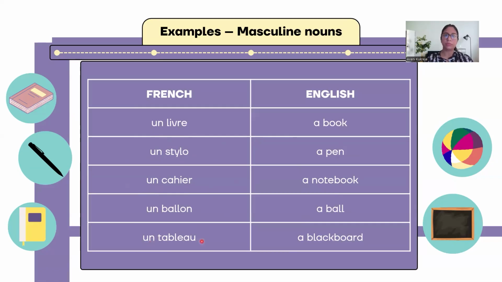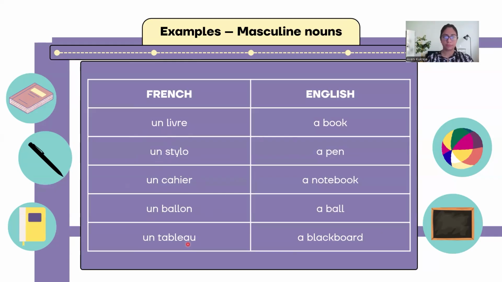Tableau. Once again, un livre, un stylo, un cahier, un ballon, un tableau. Giving you 30 seconds, quickly learn these 5 words because we will have an exercise towards the end.